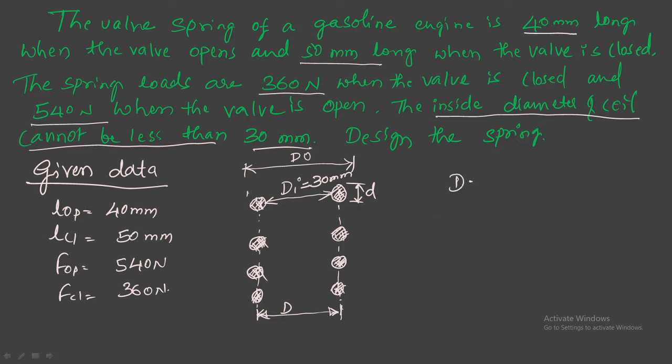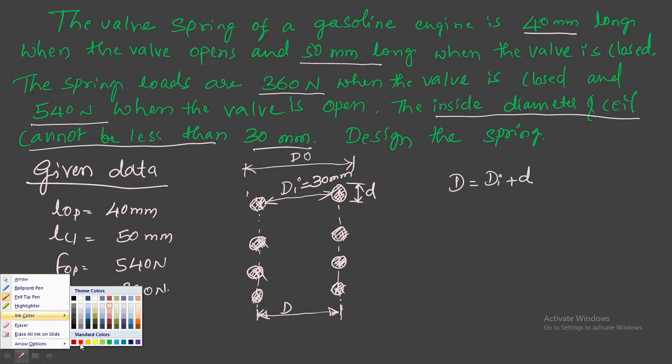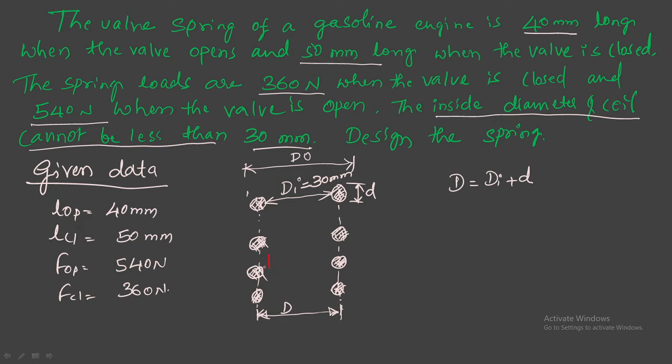So the mean coil diameter D equals Di plus d. You can just look here. This is d by 2, and this is also d by 2. So D equals Di plus d by 2 plus d by 2. So what you got? Di plus d, right?